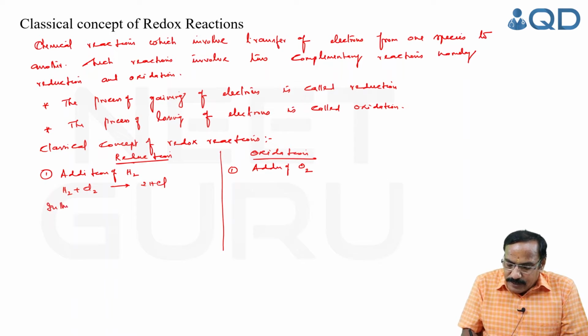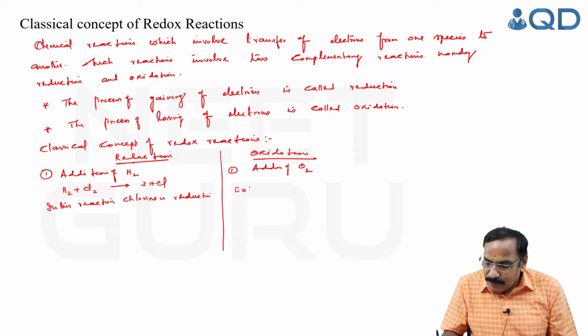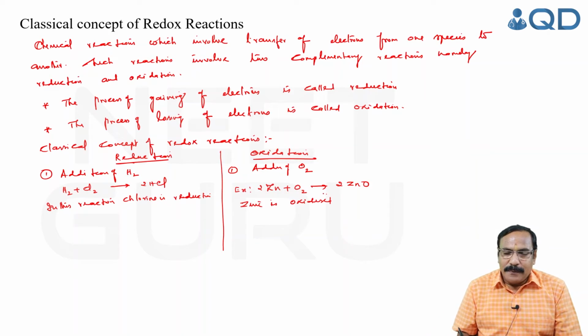In this reaction, chlorine is reduced, or chlorine undergoes reduction, because chlorine adds hydrogen. For example, when oxygen is added to zinc to form zinc oxide, zinc is oxidized, or zinc undergoes oxidation.